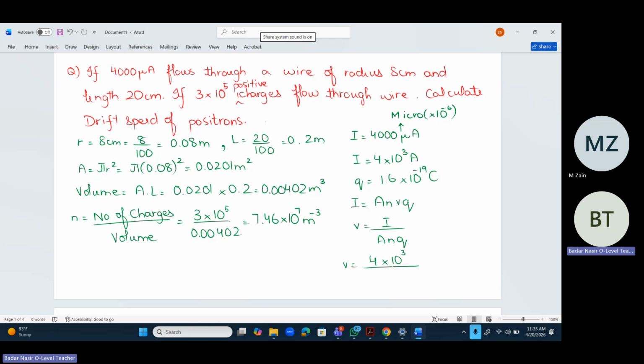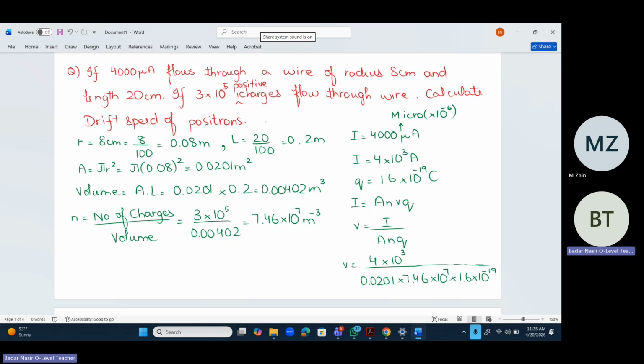So the current is 4 times 10 to the power 3. Cross sectional area is 0.0201. Small n is 7.46 times 10 to the power 7. And charge is 1.6 times 10 to the power minus 19.